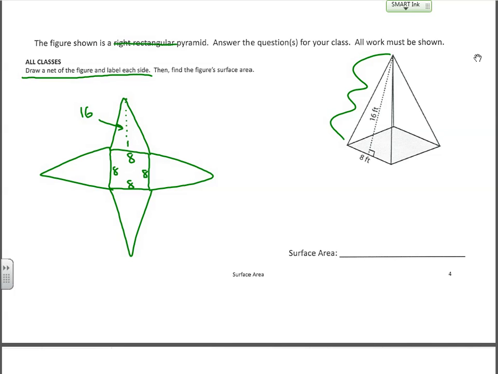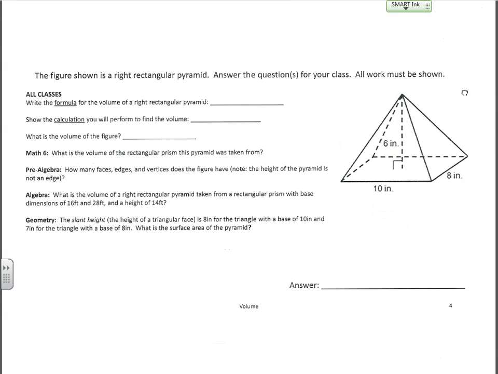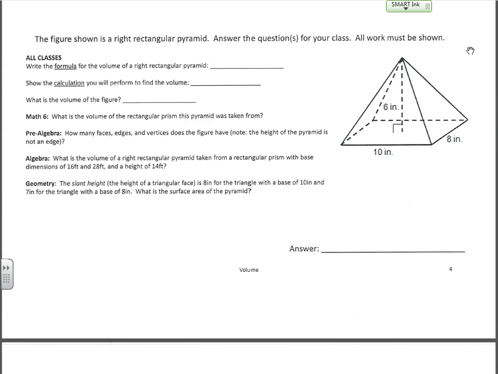Okay. Then we go to volume, and this is a right rectangular pyramid. Anyone know the formula for the volume of a right rectangular pyramid? You'll recognize when I start to write it, it starts out with base times width times height. What do we know that's a formula for? The volume of a cube or a rectangular prism.